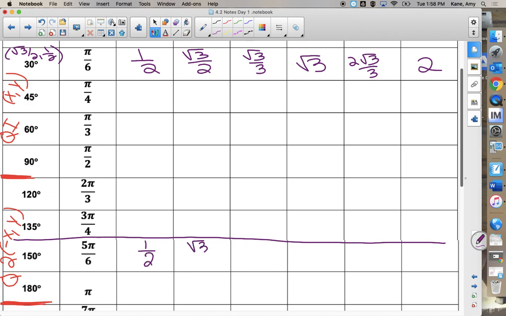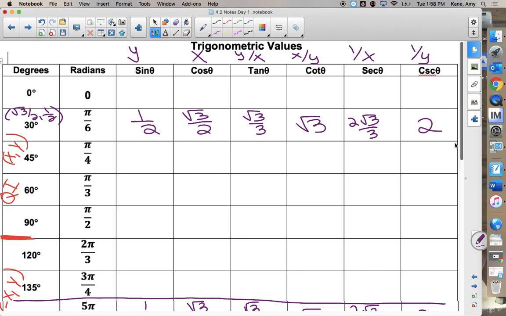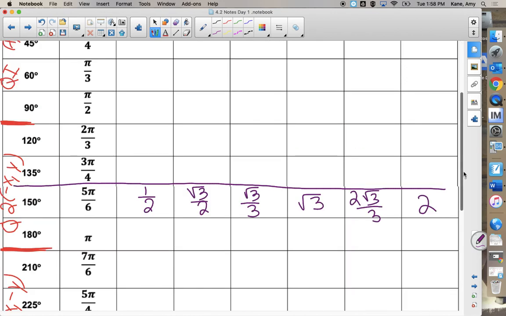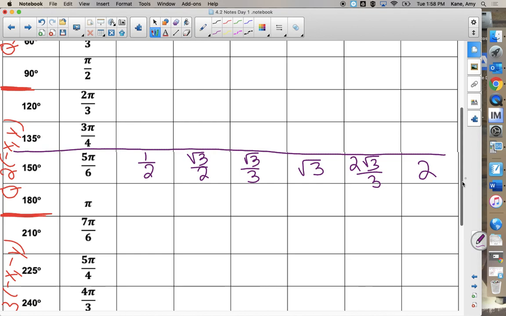Right now I'm just copying the values because they are exactly the same if it has a 6. It's a family of angles. Except if it's in the second quadrant, anything that has an x is going to be negative. So cosine has an x, tangent is y divided by x, cotangent is x divided by y, and secant is 1 over x. That means that those 4 have to have negatives. And now I have my whole list for that row.